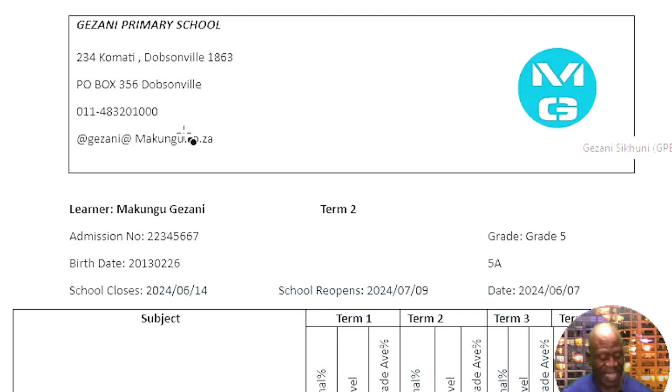All right. The other information that must be contained in the official school details, it's about the year. You can see here, okay, we know which year it is. It is indicated here. So then the other information that we have here on the school details is about the dates.